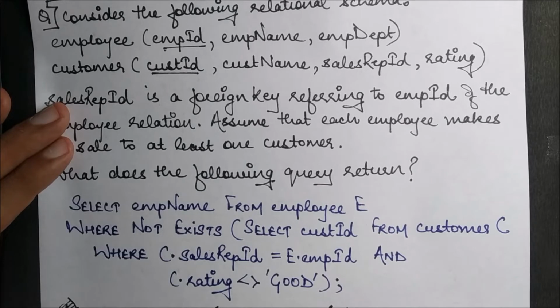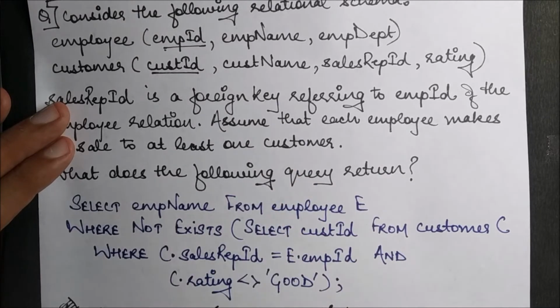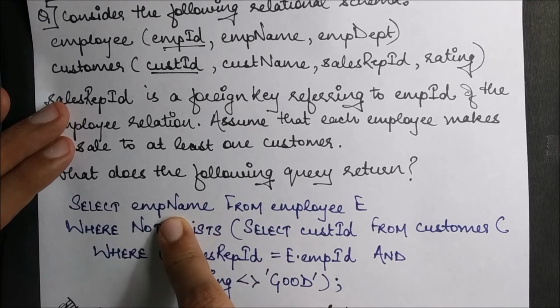That means you are selecting those employees which are not linked with such a customer, which does not have a good rating. So you are not selecting those employees.